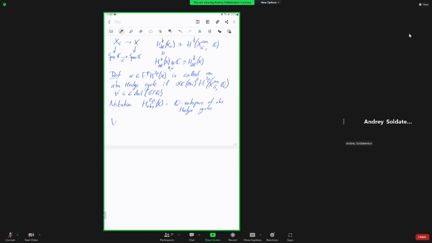And so for any subvariety Y in X, its fundamental class will be an absolute Hodge cycle. So the Hodge conjecture implies, in particular, that all Hodge cycles are absolute.